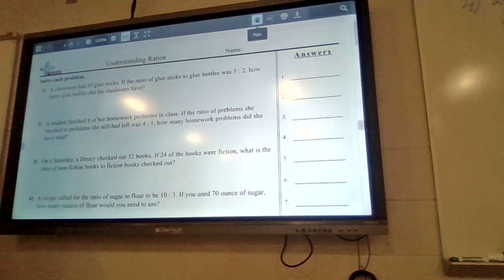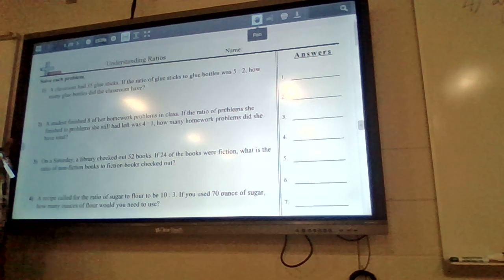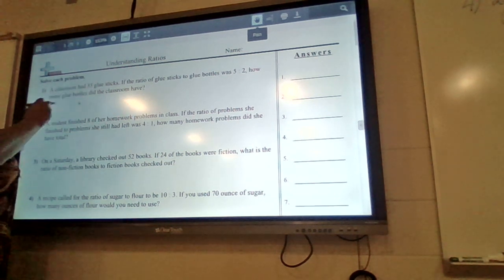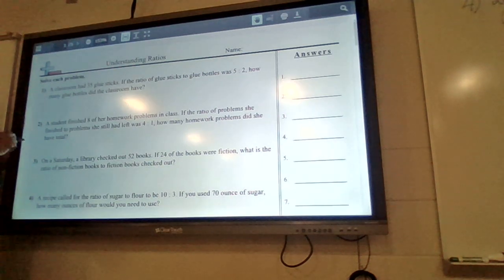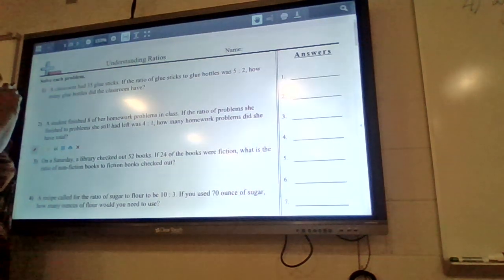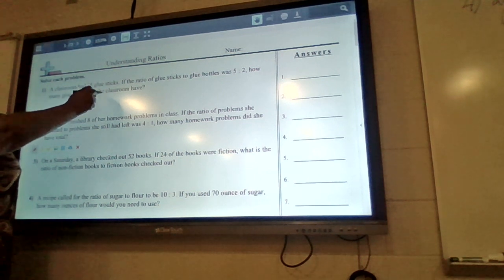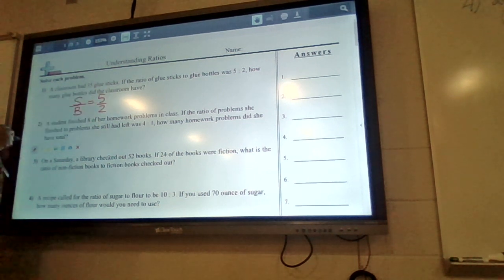So the first question says, a classroom had 35 glue sticks. If the ratio of glue sticks to glue bottles was 5 to 2, how many glue bottles did the classroom have? So the ratio of glue sticks to glue bottles is 5 to 2.